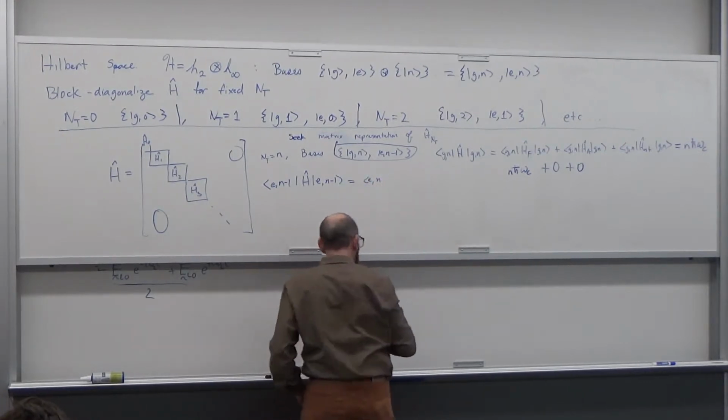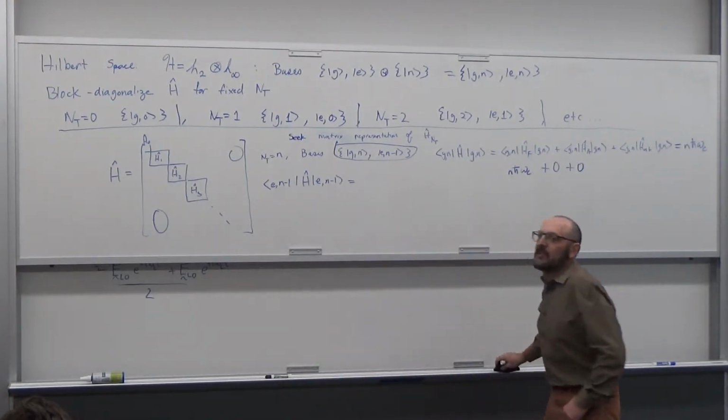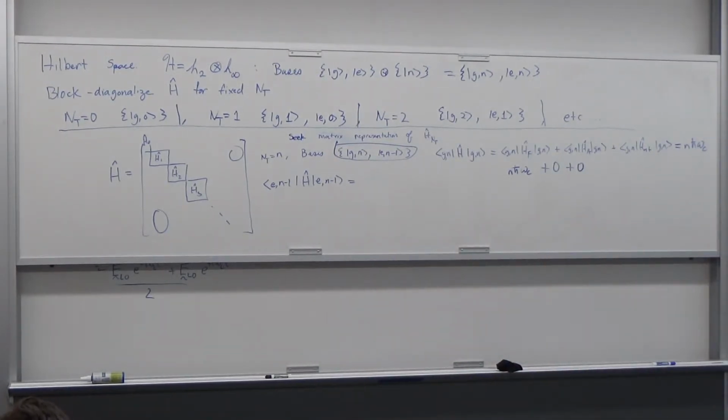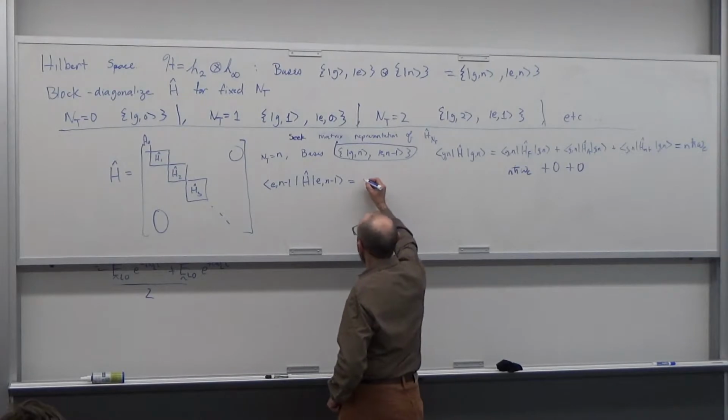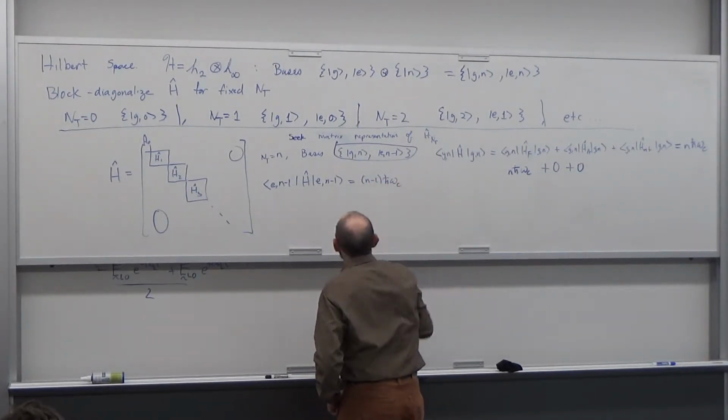I don't want to write out all the terms. You tell me. What is that matrix element equal to? So firstly, the field is n minus 1 times h bar omega c, because they have n minus 1 photons.